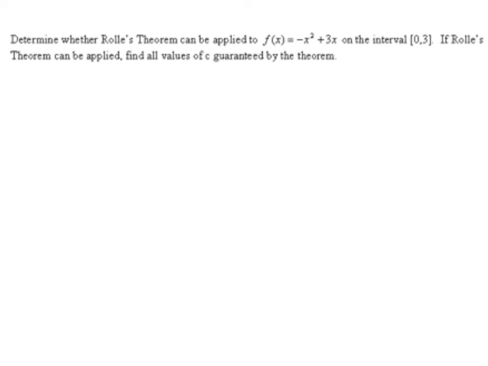Determine whether Rolle's theorem can be applied to this function on the closed interval from 0 to 3. If it can be applied, find all values of c guaranteed by the theorem. All right, so let's determine first of all if f of a is equal to f of b.